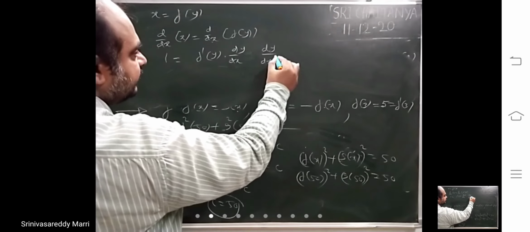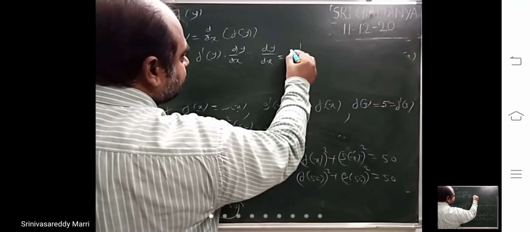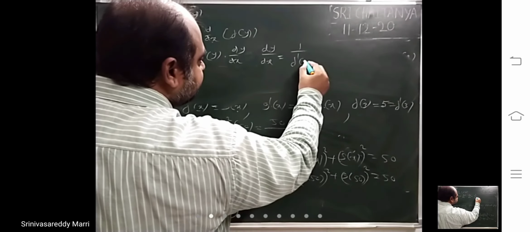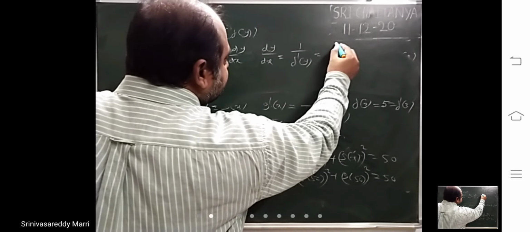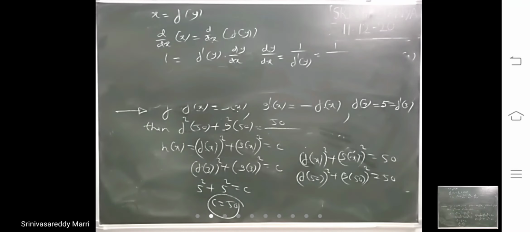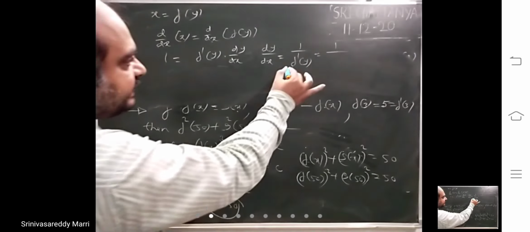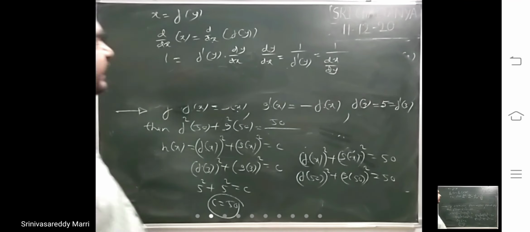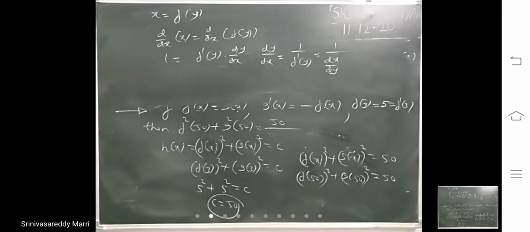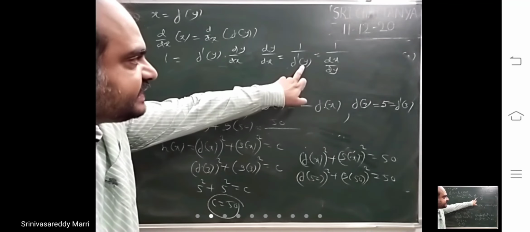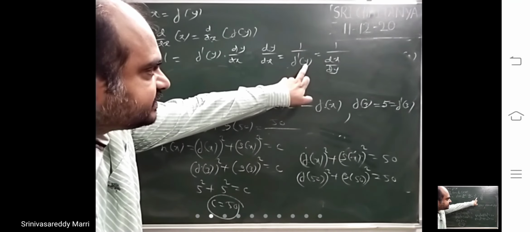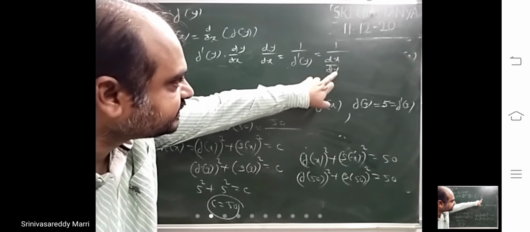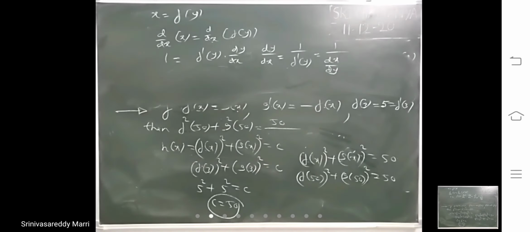Dy by dx is nothing but 1 by f dash y. f dash y here actually means dx by dy, the derivative of x with respect to y.